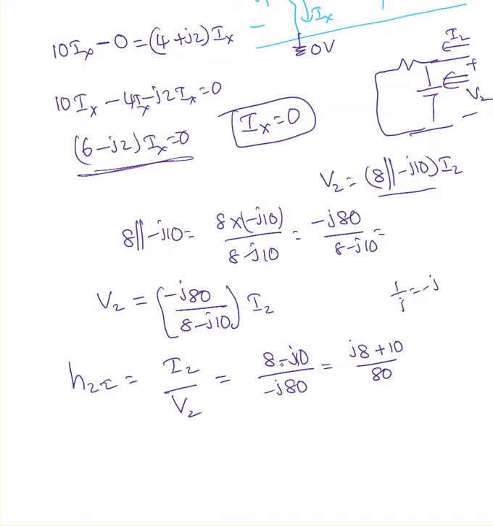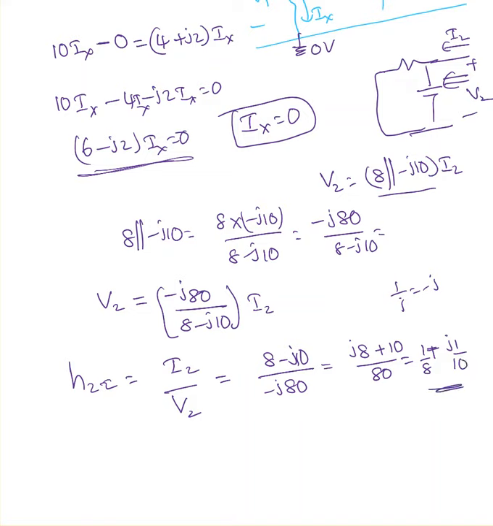So plus j8 minus j of j square, which is plus 10, over 80. So it is 1 over 8 plus j 1 over 10. That is my H22.